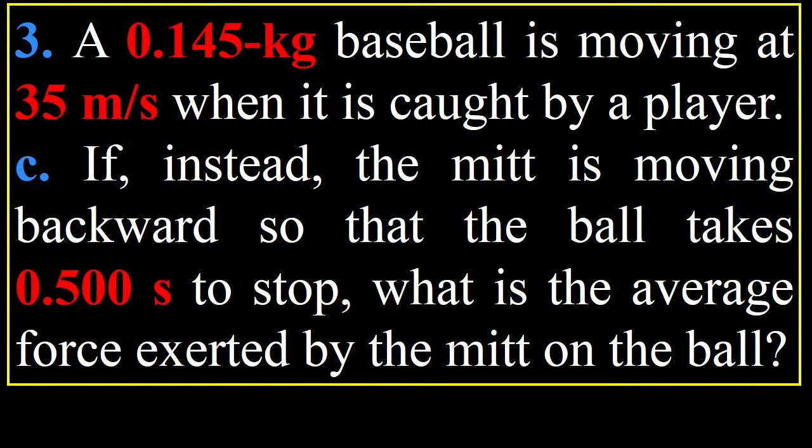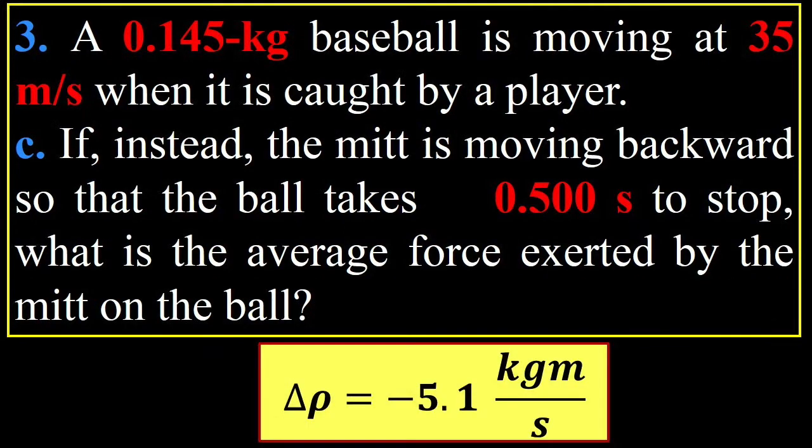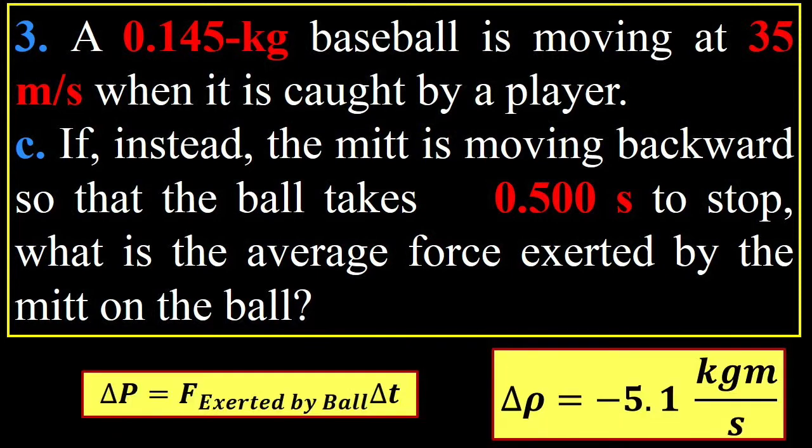So instead of having an impact time of 0.05, it's going to be 0.5. So it'll be 10 times less. So instead of 100, it'll be 10. Now, you just have to make sure that you have your signs correct. So the ball will exert a negative force on the mitt, and the mitt will exert a positive force on the ball.